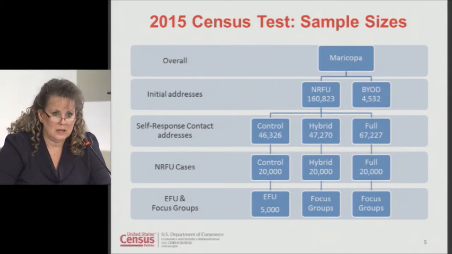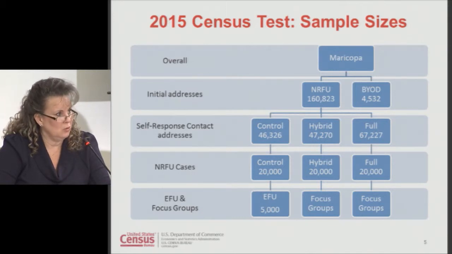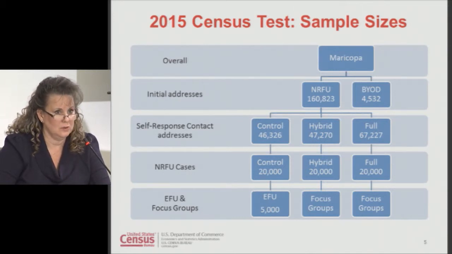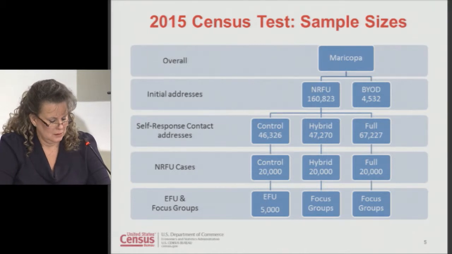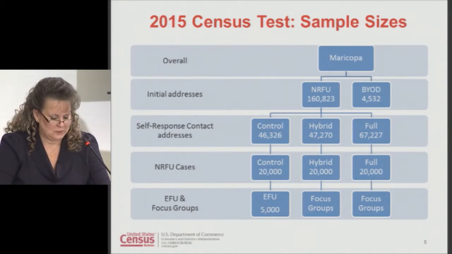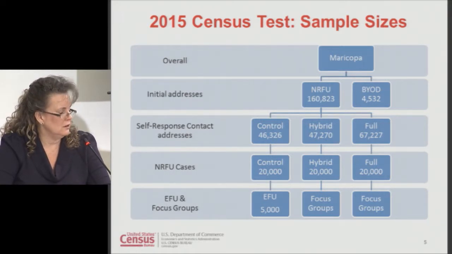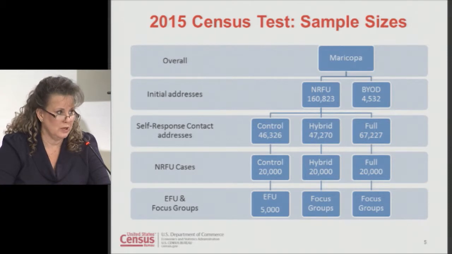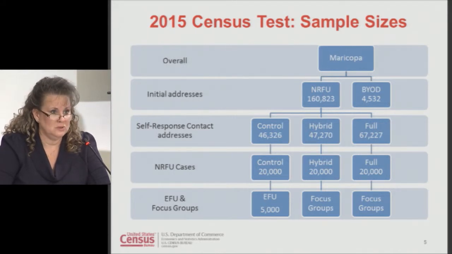As of yesterday, our self-response rate in Maricopa County was 29.73%. The non-response follow-up sample sizes reflect self-response rates, subsampling, and administrative record identification removal before non-response follow-up starts. The 20,000 addresses is a target, and the actual sample size in each of the panels may be lower or higher.